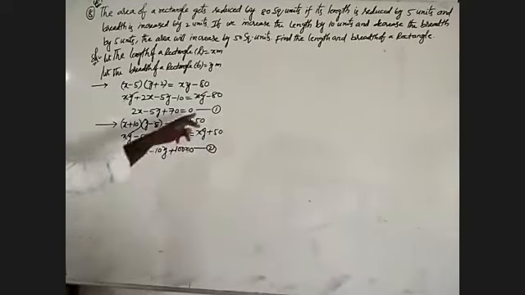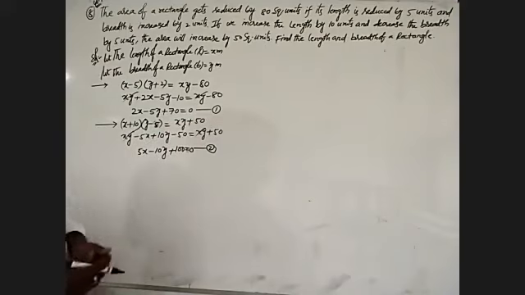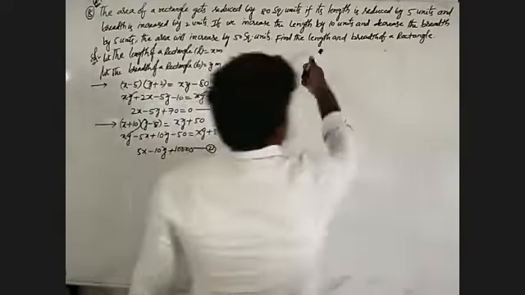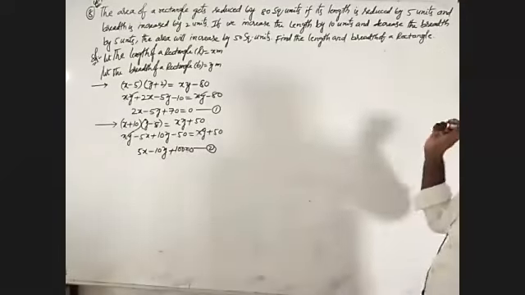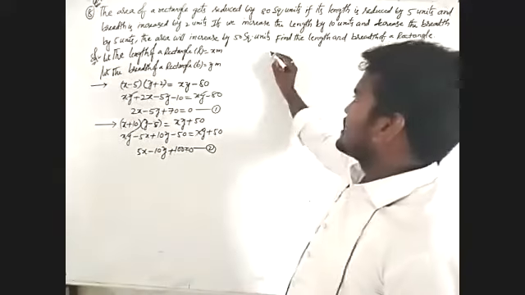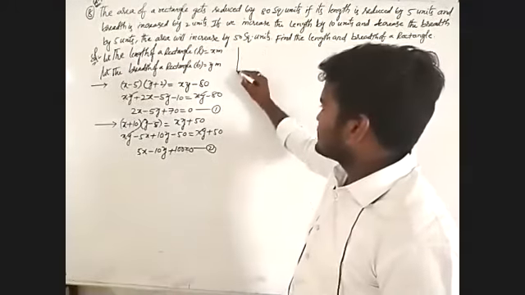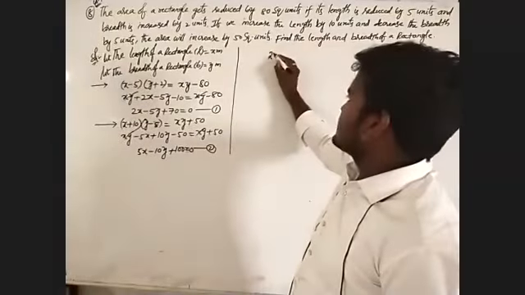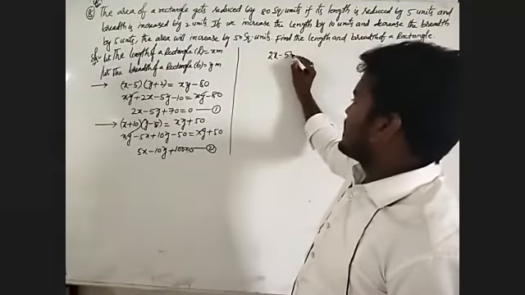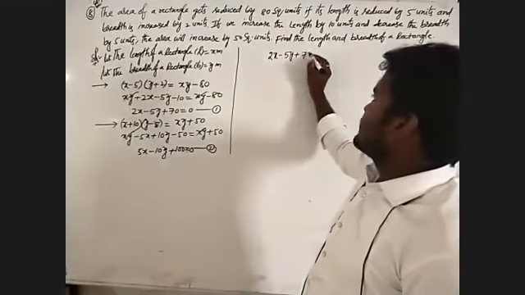We know that equation 1 and equation 2 we have to solve. Then finally the length and the breadth are found. First, the given equation is 2x minus 5y plus 70 becomes 0.